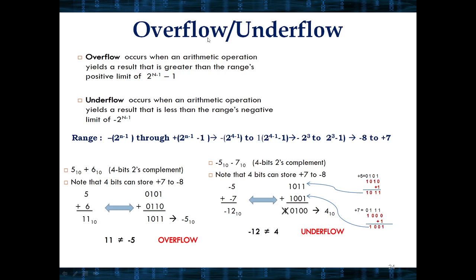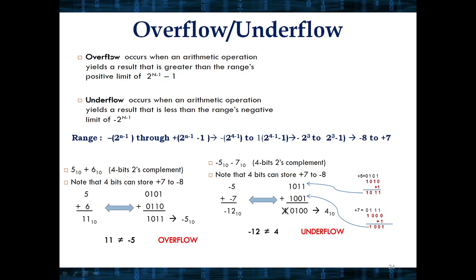So, overflow occurs when an arithmetic operation yields a result that is greater than the range's positive limit. As I said, the representable range is minus 2 to the power n minus 1 to plus 2 to the power n minus 1 minus 1.